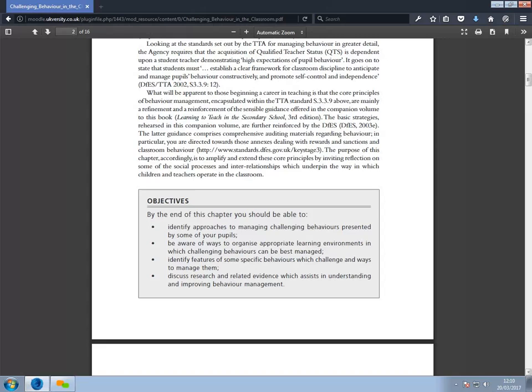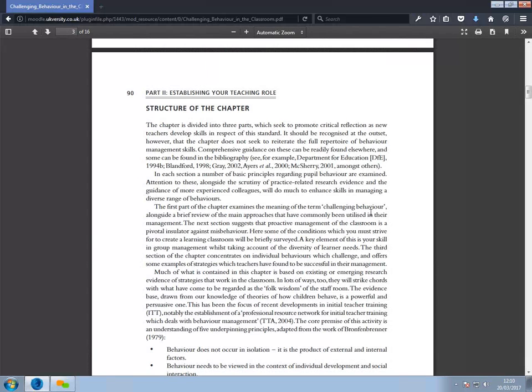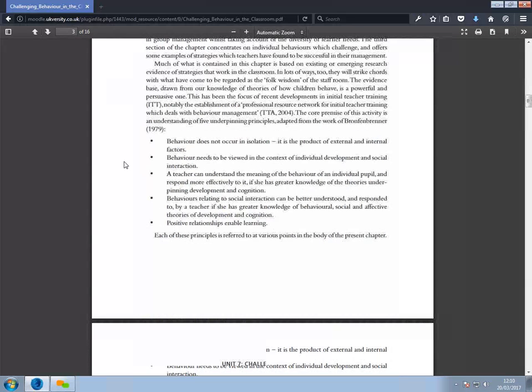Discuss research and related evidence which assists in the understanding of and improving of behaviour management. Now, it's quite a long e-book list. It's about 16 pages. I'm not going to read all of it through, but I'm just going to pick up a few of the points there that will be in your response to this unit.